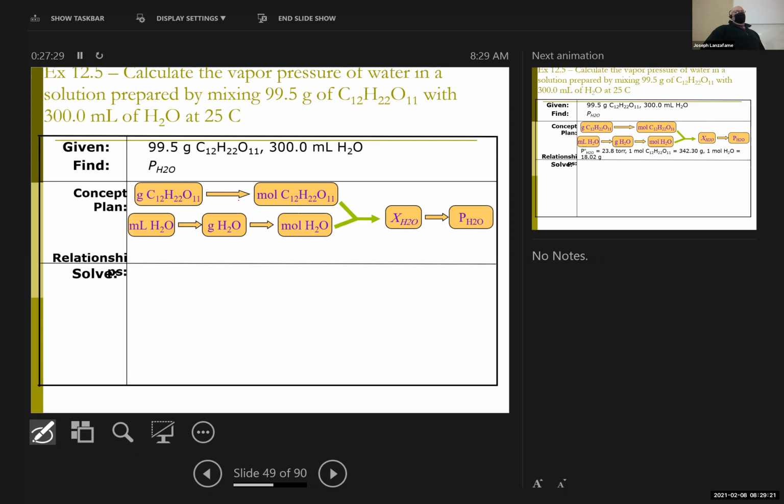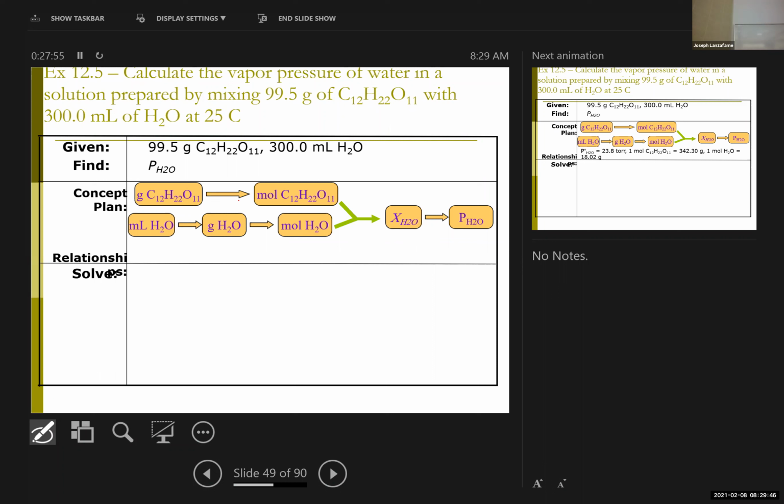If I'm talking about the vapor pressure of the solution, I technically need the mole fraction, which means I need the moles of water and I need the moles of sucrose. But that's okay, I know how to do both of those things. The grams of sucrose to moles is just the molar mass. We do that all the time.